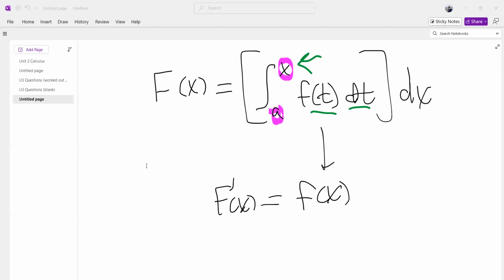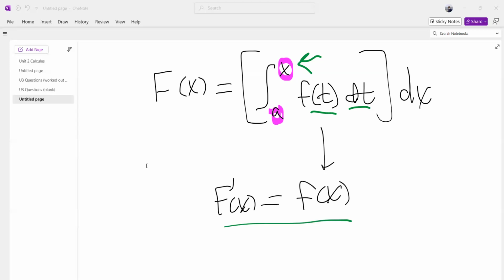As long as they're two different things, but it's called the dummy variable. And we have to know that the interval a to b, with x in the middle of it, is continuous and differentiable. And we have to assume that this is true.